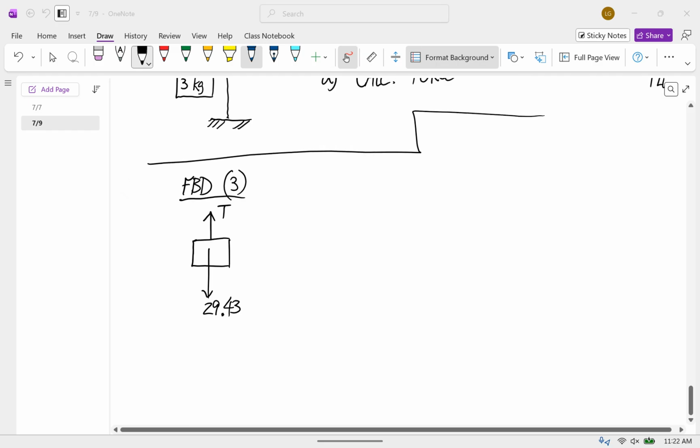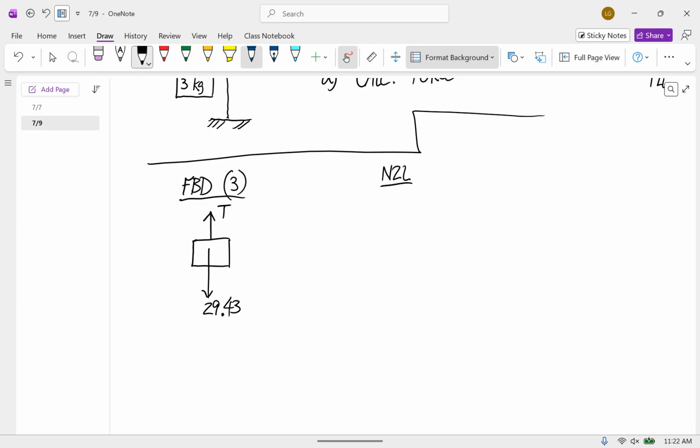We only have 2 forces to deal with when we go to Newton's second law. Downward force for the weight, and then an upward force for the cable. So that's 0, positive T. Set it equal to zeros.